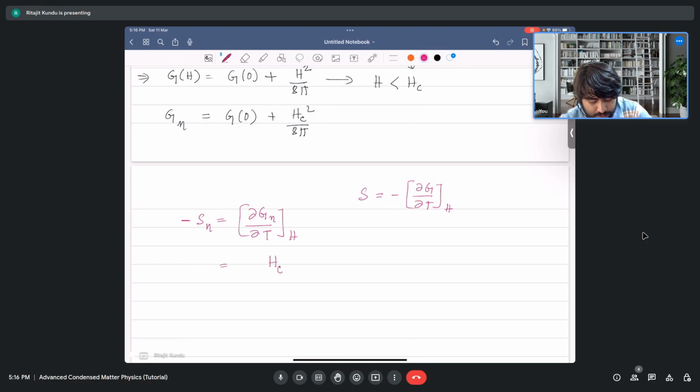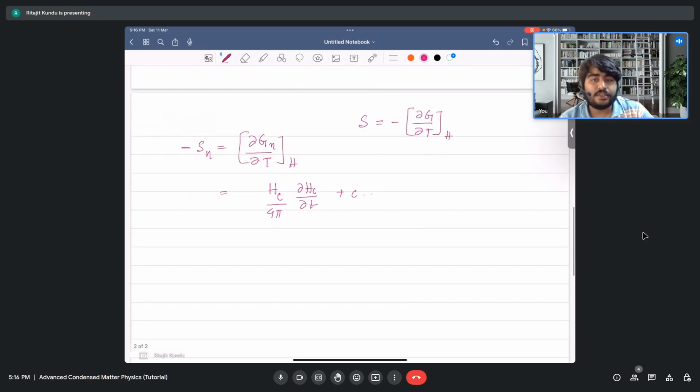So Hc ∂Hc/∂T by 4π. Okay, so there can be some constant, but we don't really care about that. So this is the entropy in the normal state. Similarly, we can calculate the entropy in the superconducting phase.